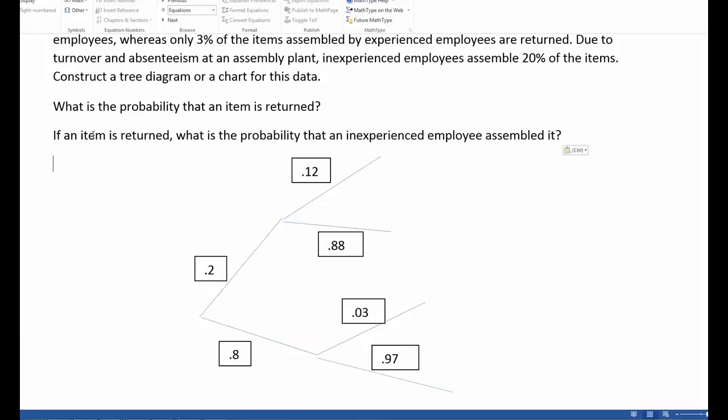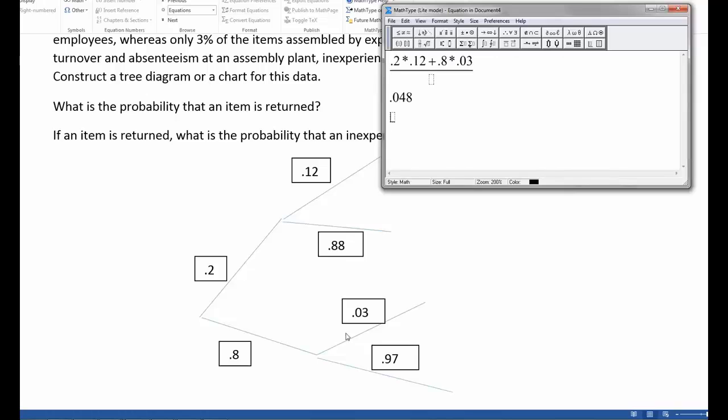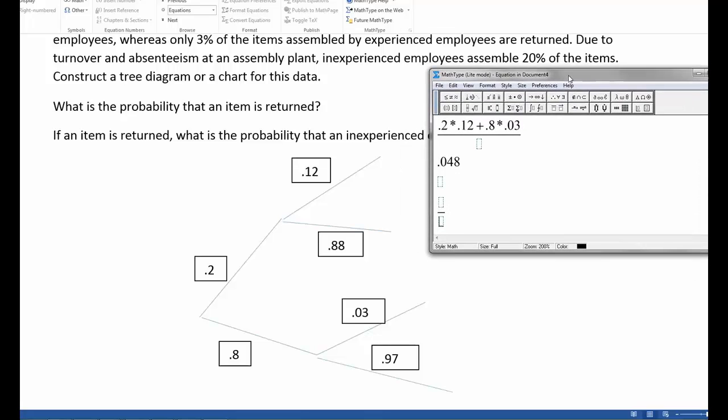Okay, so if an item was returned, what's the probability it came from an inexperienced person? So let's set up that fraction again. If it was returned, so I know it was returned, I know it comes from that 0.048. That's the likelihood that anything was returned. What's the likelihood that it came just from an inexperienced person?